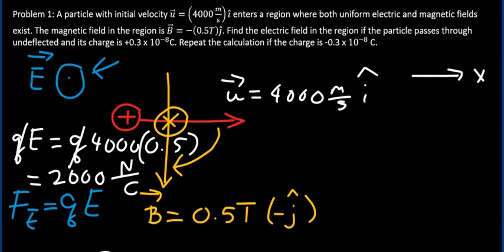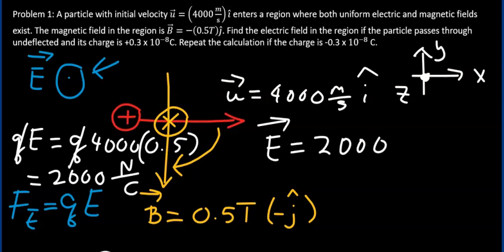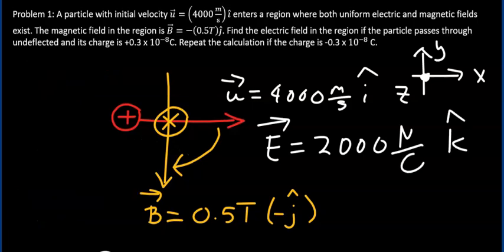So if this is the x-axis, that is the y-axis, the direction out of the plane is the z-axis. So we can write the expression for the electric field for the first case to be quite simply 2000 newtons per coulomb k hat.